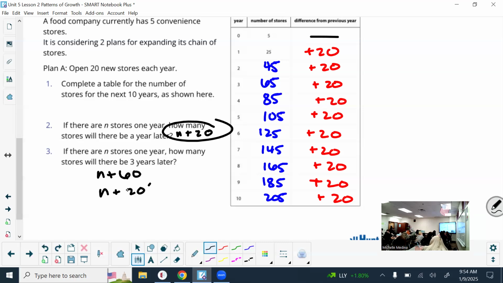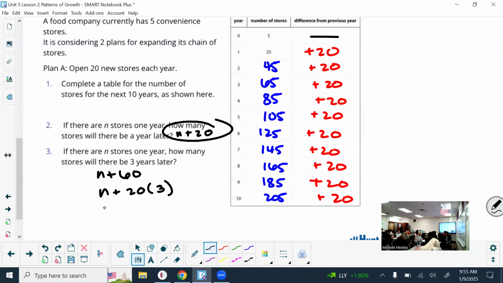So he did 20 times 3, that's going up by 20 each year. Remember, we talked a lot last semester how anytime it's like per person, or whatever, that implies multiplication. We do know how many years we're talking about, so 20 times 3 is 60. You could write it like that.